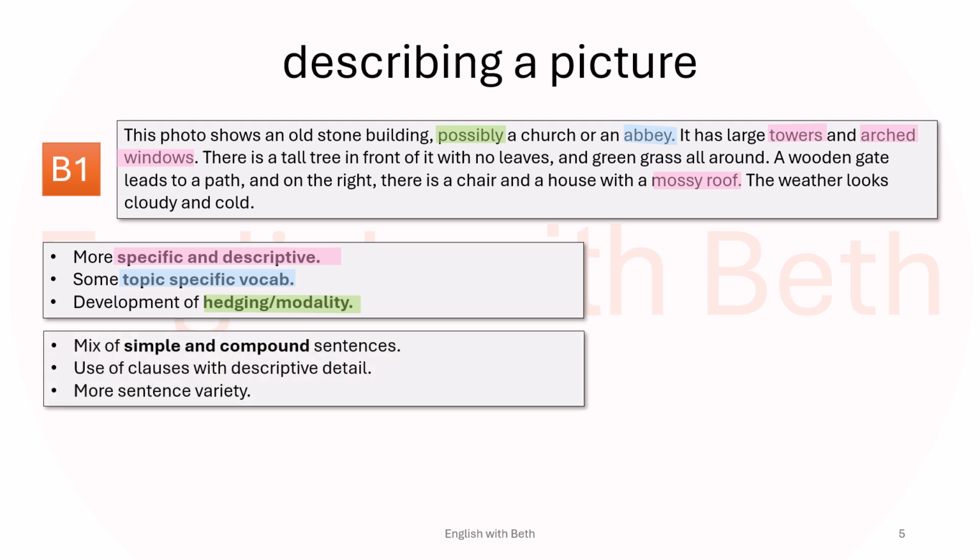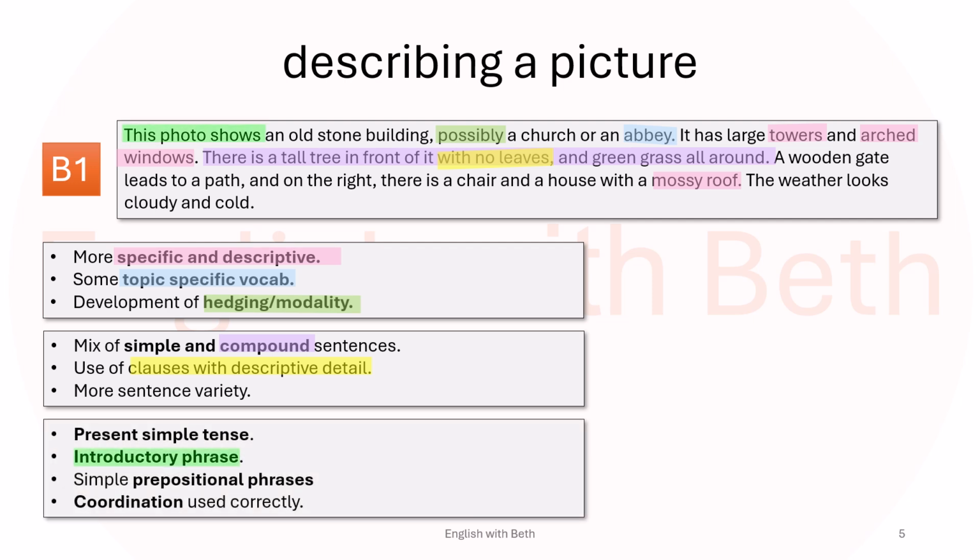There is a mix of simple and compound sentences, so we've got the sentence, there is a tall tree in front of it with no leaves and green grass all around. There's use of clauses with descriptive detail, so we've said the tall tree is with no leaves. And there's more sentence variety.